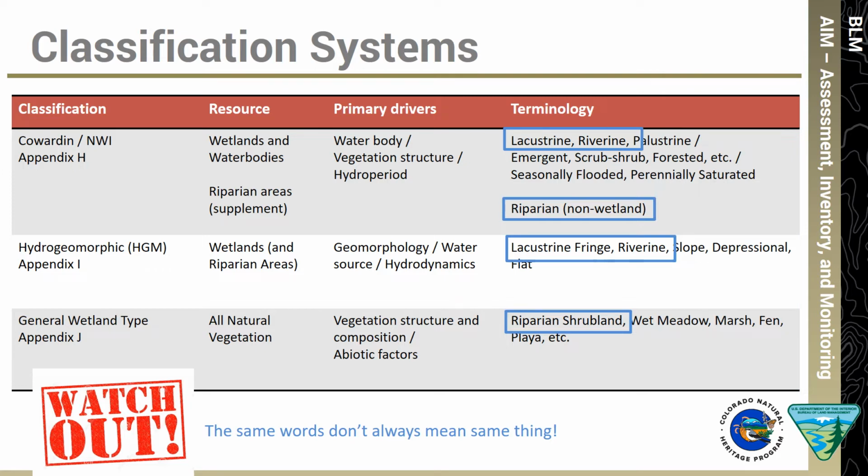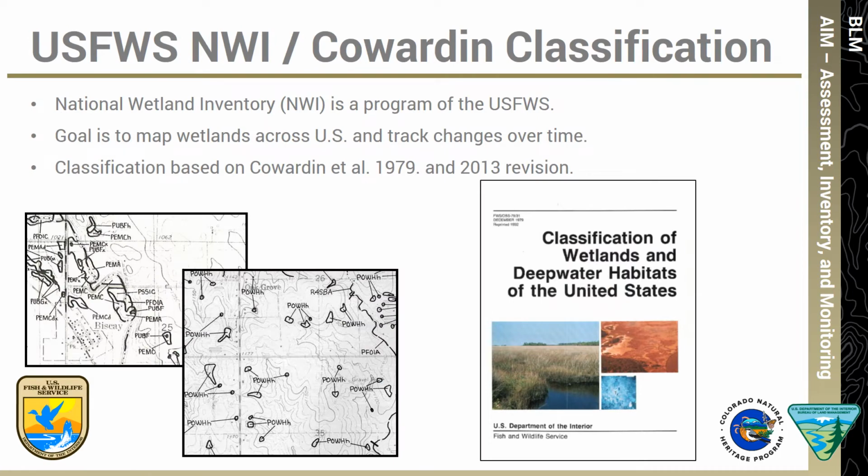A bit of background on the Cowardin classification and the National Wetland Inventory, or NWI program. NWI is a program of the U.S. Fish and Wildlife Service. It began in the 1970s with the goal of mapping wetlands and water bodies across the United States and tracking changes over time. The program was developed in the era of the Clean Water Act, when the nation began to understand the impact of environmental and habitat destruction.